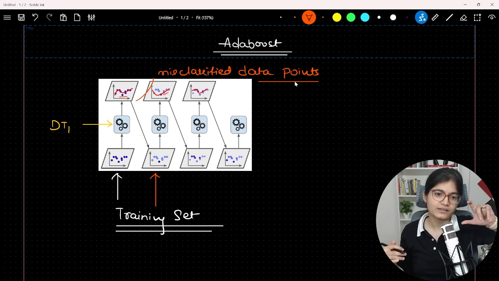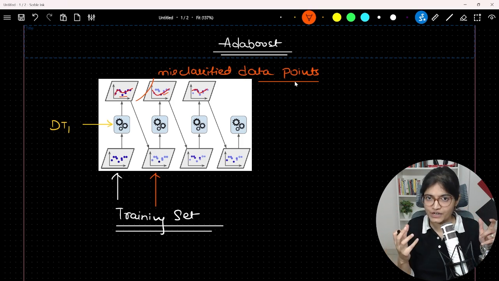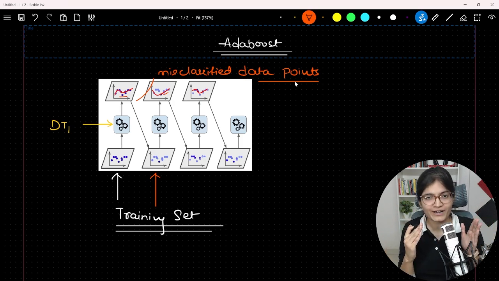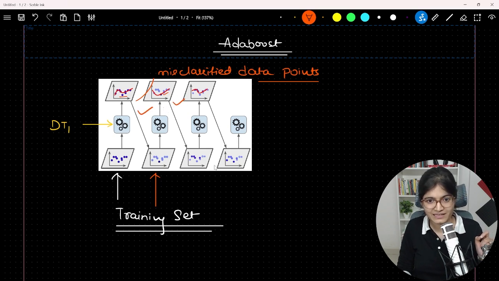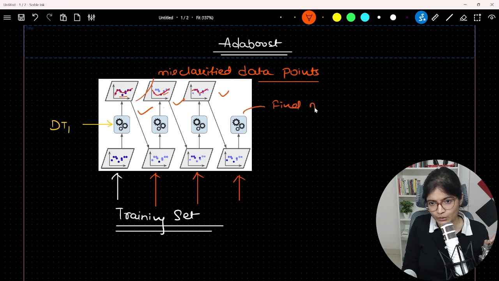Obviously there will be some misclassifications, and whatever misclassified data points we get, we pass to the next iteration, and this step keeps repeating. The same misclassified points go to the second iteration, the third iteration, the decision tree runs again, a new iteration comes up, and finally we get the final model, which is a strong learner.